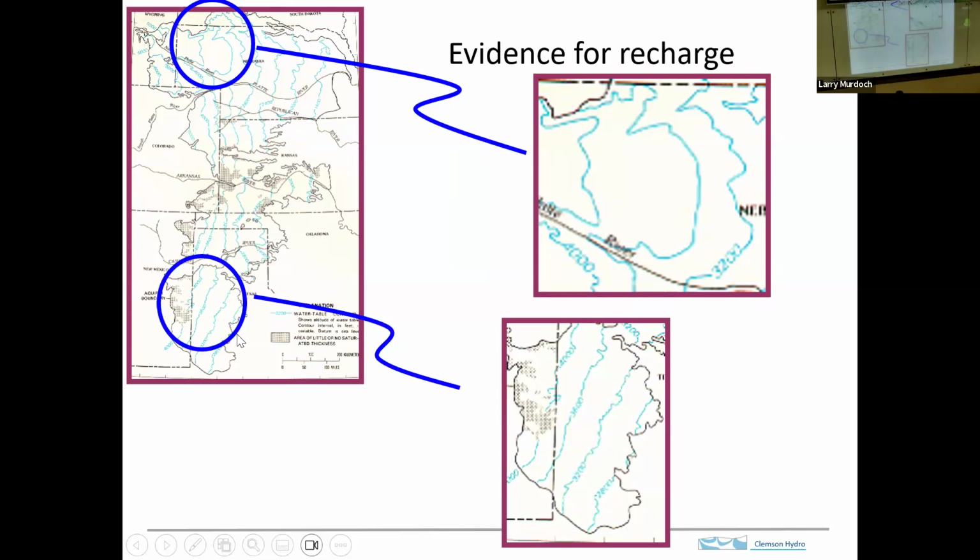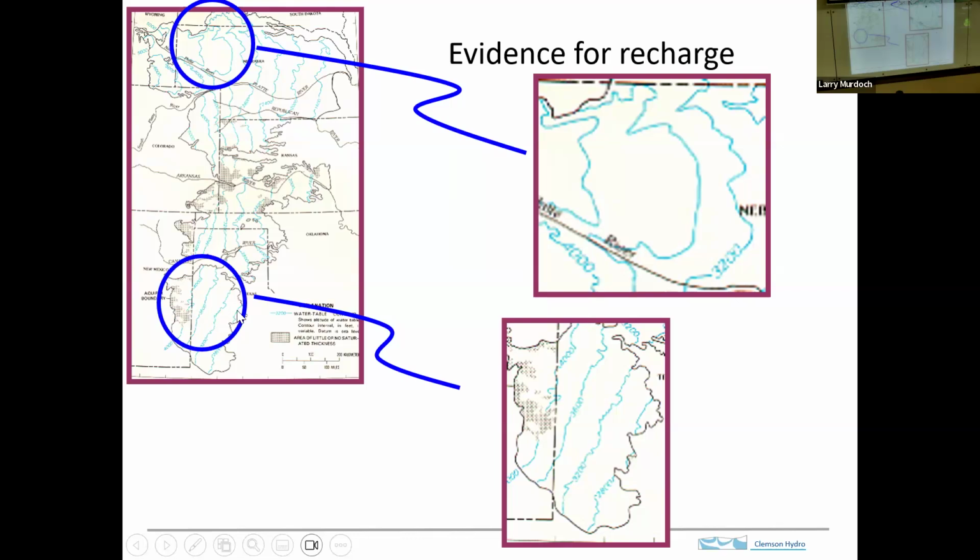Down here, the contours are pretty straight. There are some minor fluctuations, but they're pretty straight, pretty parallel, and pretty uniformly spaced. So if the aquifer here has uniform thickness, then it looks like the flow is pretty much in one direction and pretty uniform. What we can infer from that is there's not really any recharge going on here.